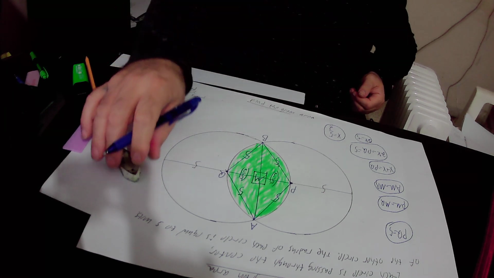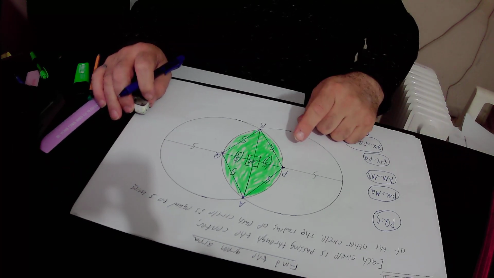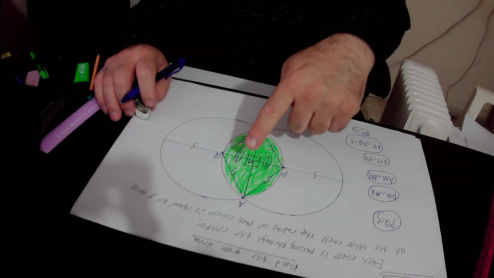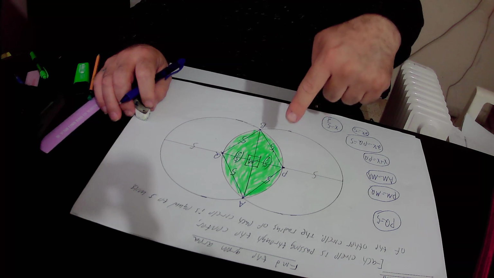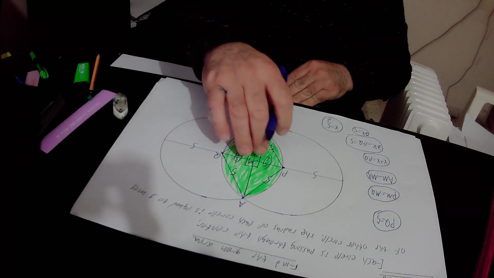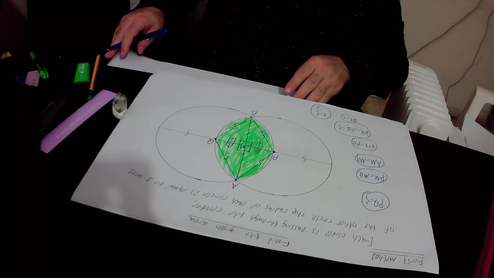In the next step, we will focus on triangle APM, triangle AQM, triangle BQM, and triangle PMB. So we focus on those four right triangles. I will write it down.